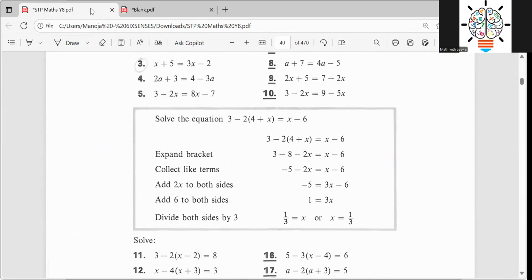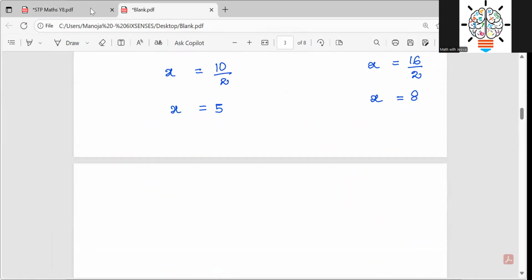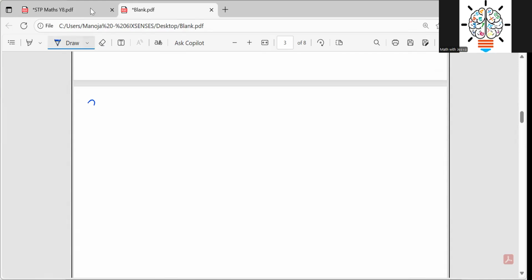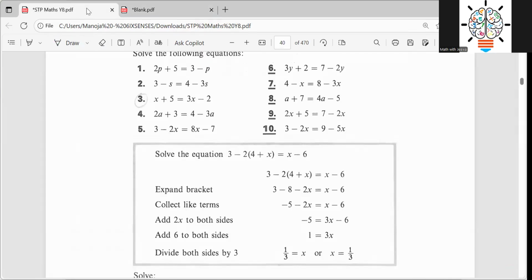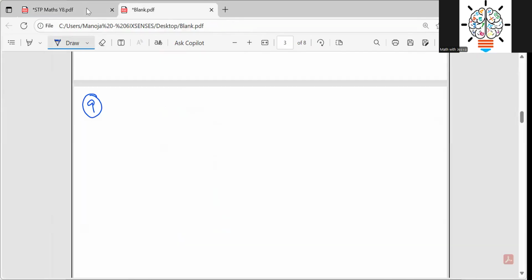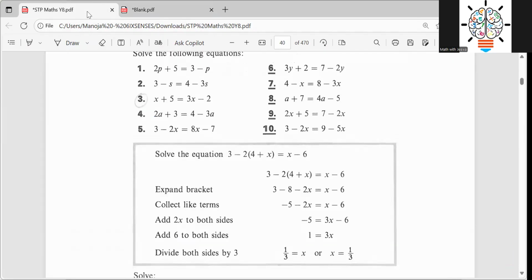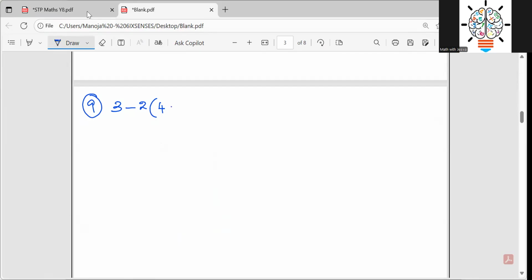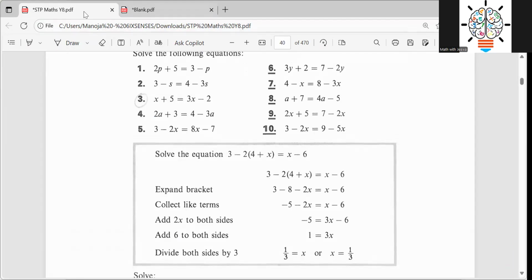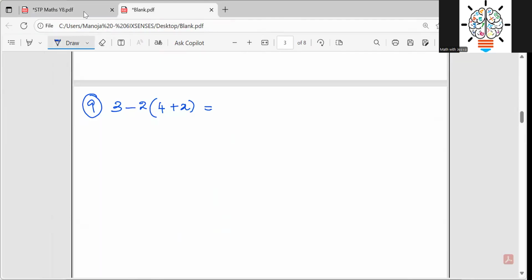Question number 9, I will write here as I don't have enough space over there. Example 9: 3 minus 2, open the bracket, 4 plus x, close the bracket, equal to x minus 6.